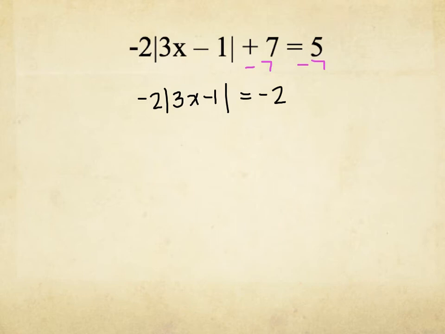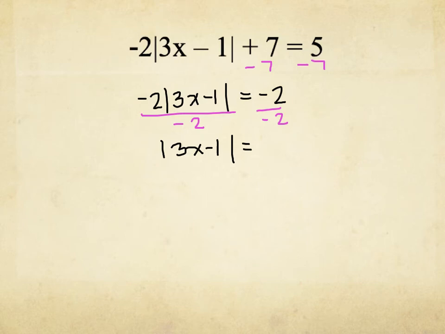Because if you can see, there is a -2 out here that we're going to divide everything by. So when I do that, I get the absolute value of 3x minus 1 equals 1. So now we have a positive solution. And we would go about it the same way that we did in the first example.